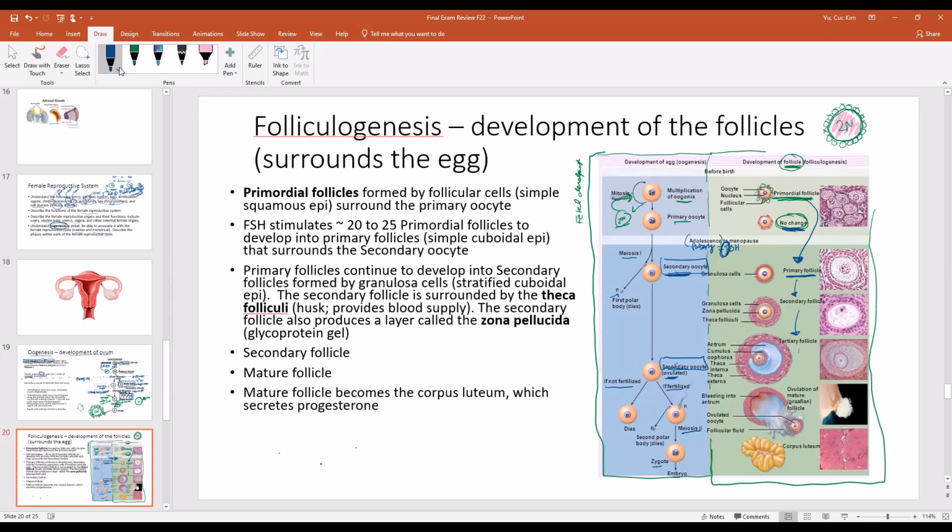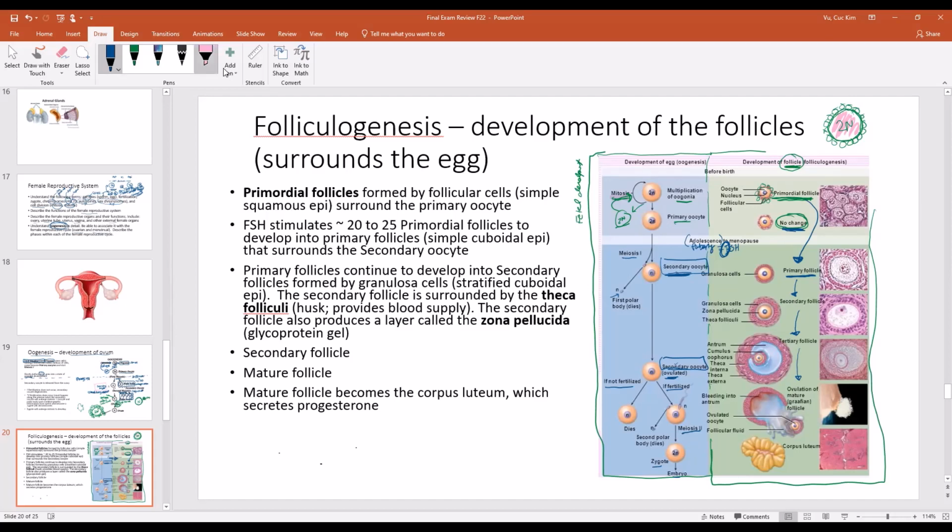From the tertiary follicle, it becomes a mature follicle. All the while, the egg is in what stage? Primary oocyte, secondary oocyte, zygote, or oogonia? Secondary oocyte. Perfect. You got it.